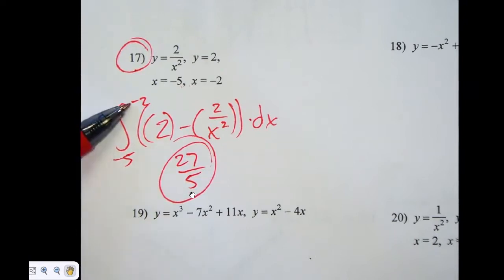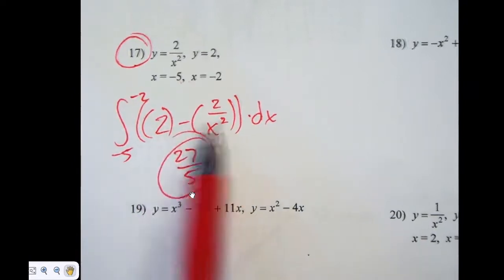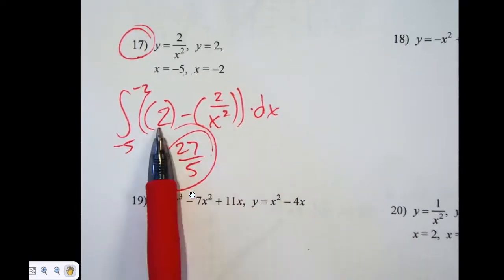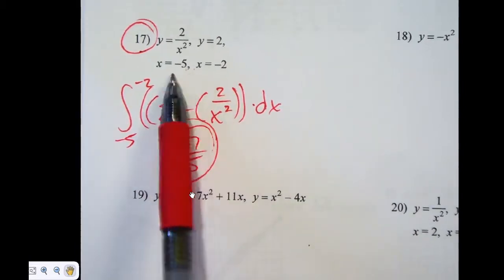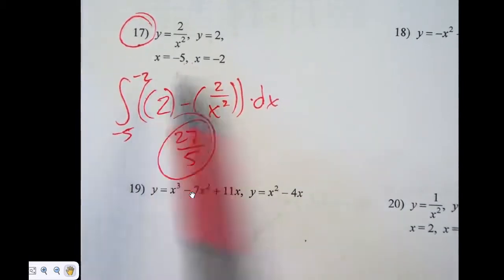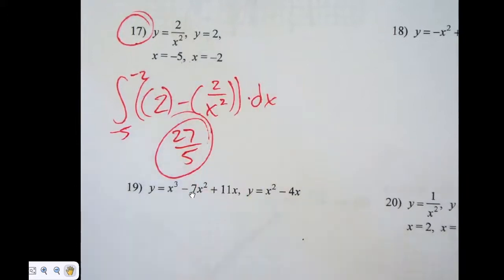And then the lower x value goes on the bottom, higher goes on top. I plugged in -3 to see which equation was on top. You got to plug a number in that's in between the two x values they gave me. So then I got like 2/9 and 2. So I knew the 2 was on top. And then I plugged them in. Got it.